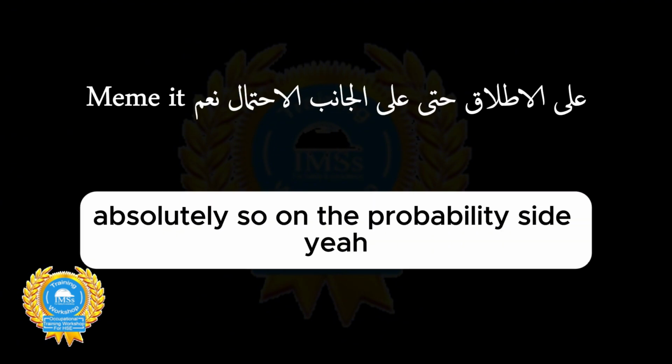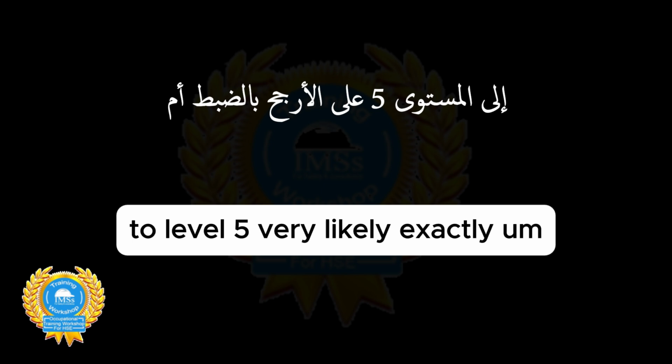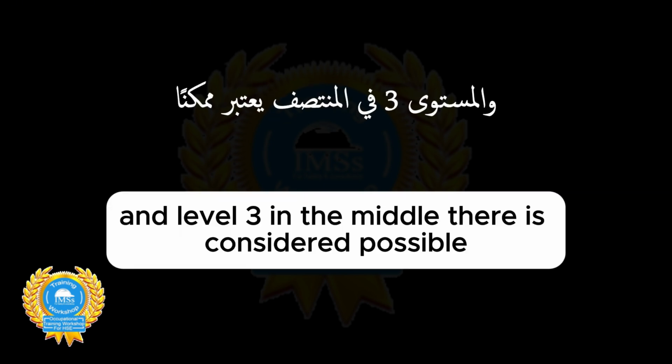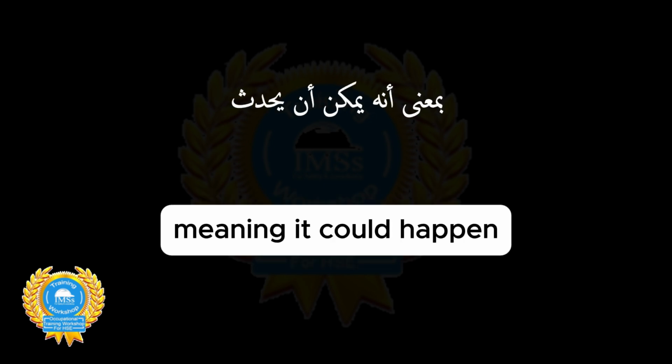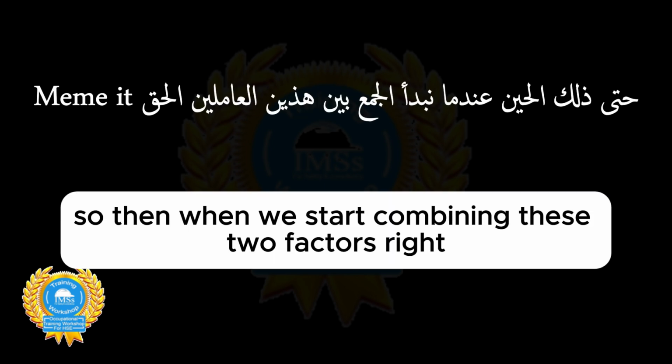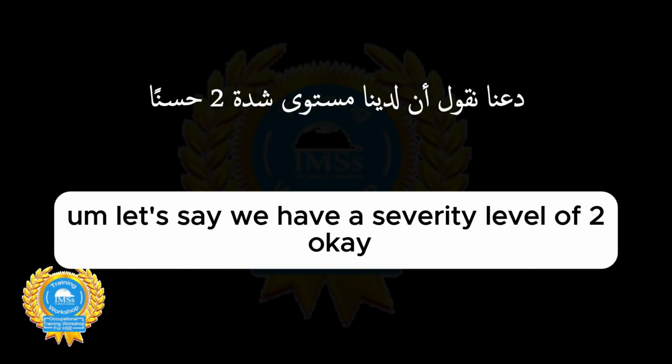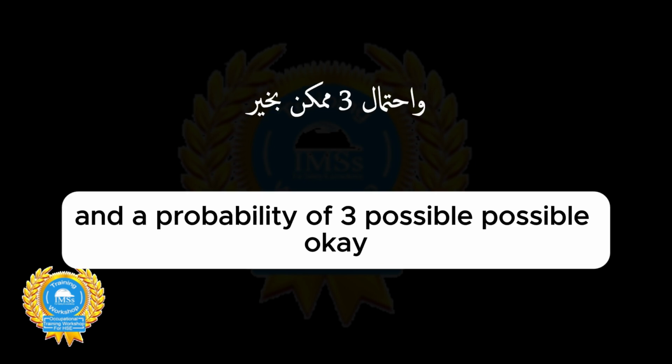On the probability side, we also have a scale from 1 to 5, ranging from level 1, very unlikely, to level 5, very likely. And level 3 in the middle is considered possible, meaning it could happen. When we start combining these two factors, let's say we have a severity level of 2, a minor injury, and a probability of 3, possible.